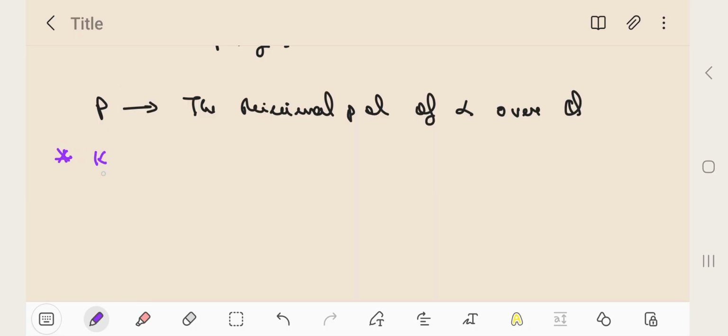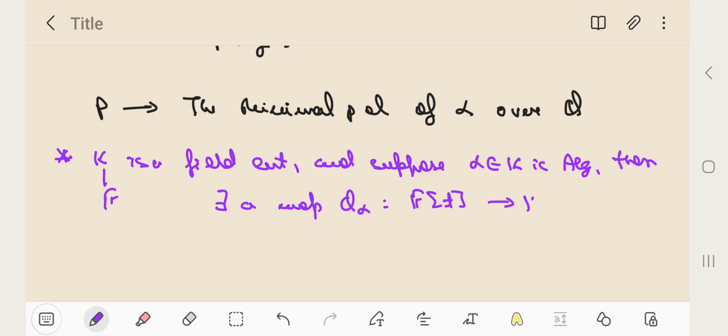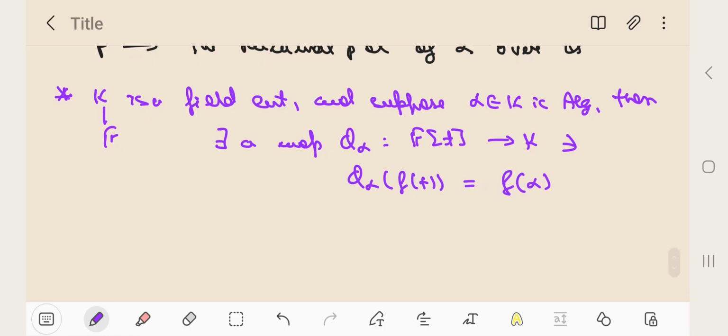In general, if K over F is a field extension, and suppose alpha in K is algebraic, then there exists a map phi alpha from F[t], mapping it to K, such that phi alpha of any polynomial is just that polynomial evaluated at alpha.